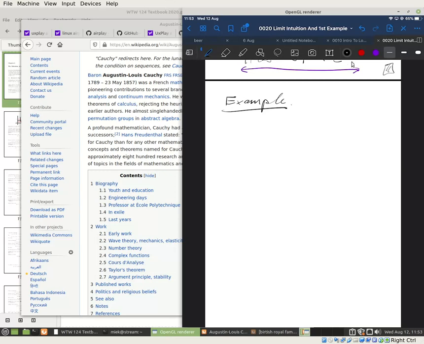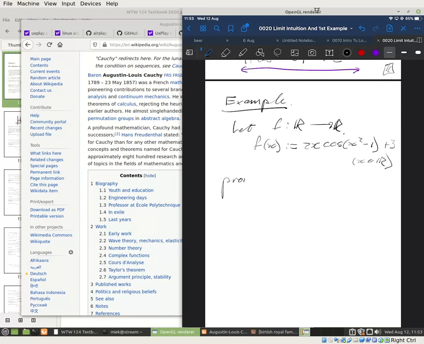Let's do another example. Let f be defined on the real numbers to the real numbers, and let's define f of x as follows: f of x is 2x cosine x squared minus 1 plus 3, for all x in the real numbers.